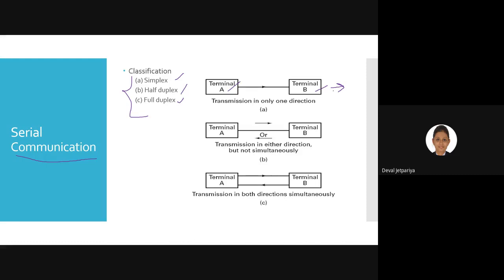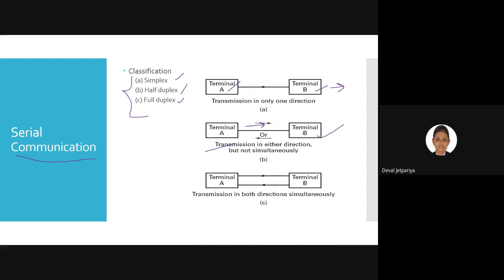Now the second type is half duplex. In half duplex we are able to transfer in either direction but not at the same time, not simultaneously. Initially, if we are transferring from A to B, at that time B is working as a destination and B cannot be a source at the same time. Once we have received data from A, after that we might initiate some transmission from B, right?